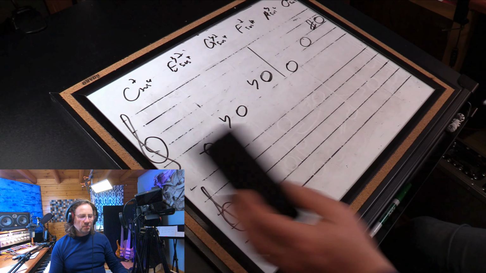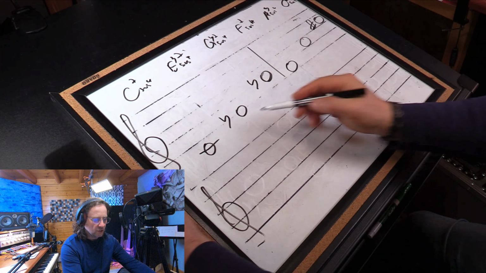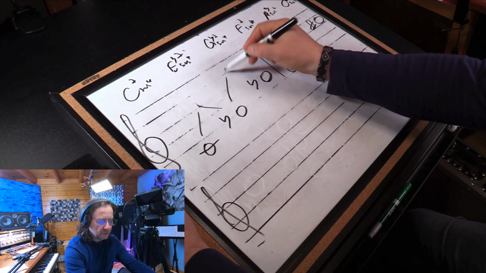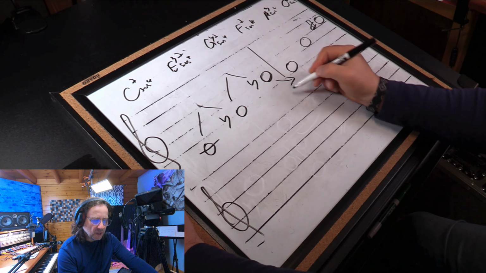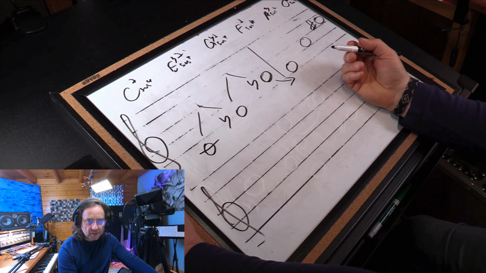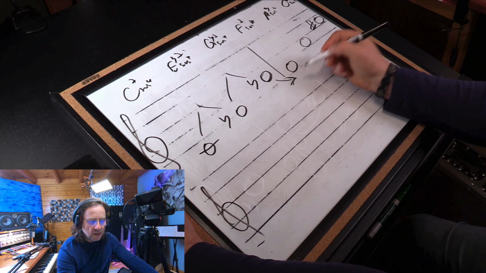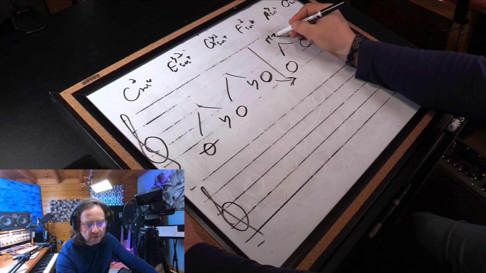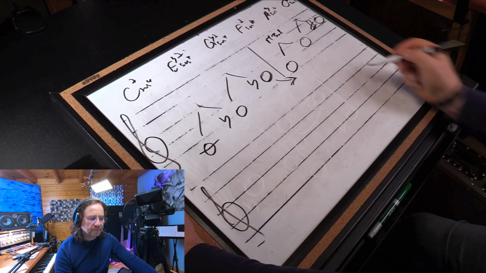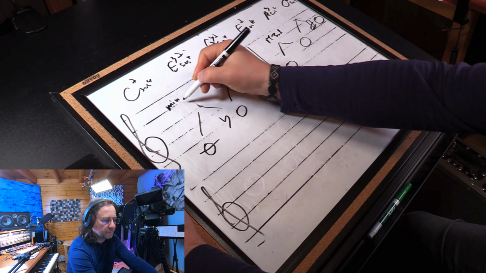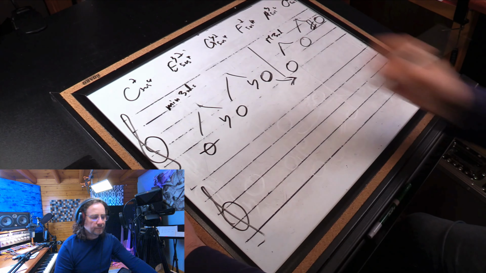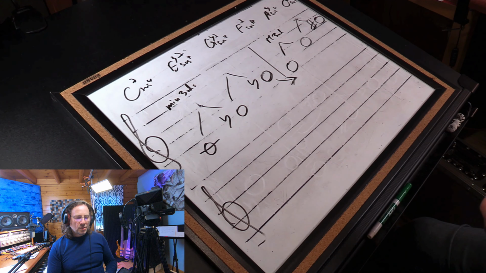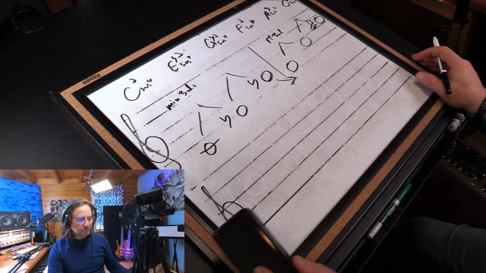So you could experiment with those transitions and just go up by minor thirds, go down by minor second, and then climb up with major thirds. Okay, so this is just an example.